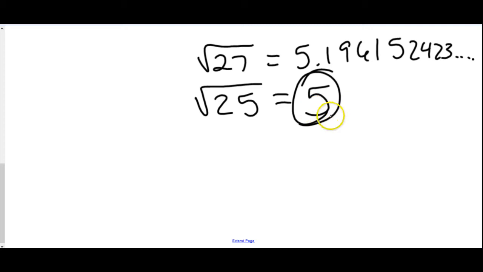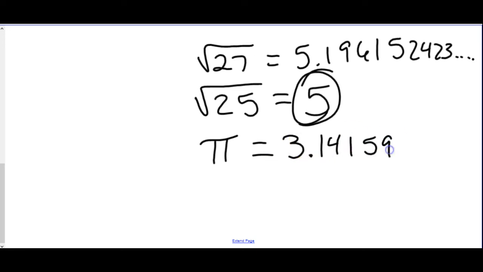So you do have to be careful about square roots. Also, pi is considered irrational. The symbol pi actually represents the number 3.14159, and then again it keeps going forever with no pattern.